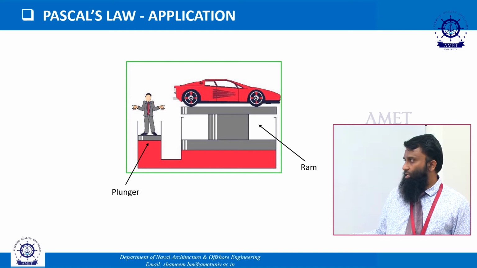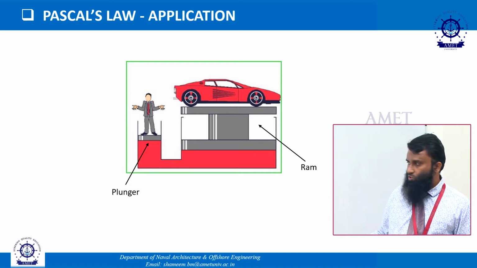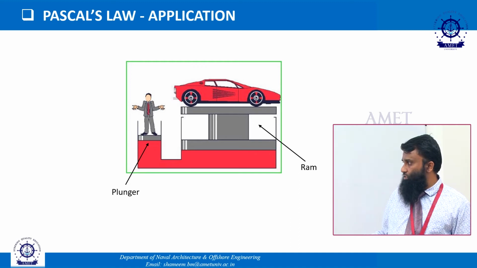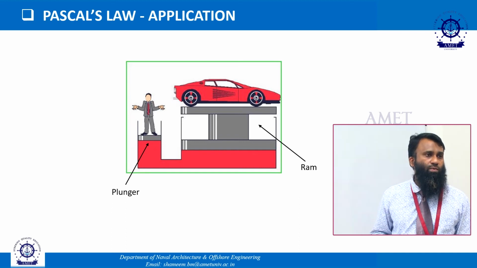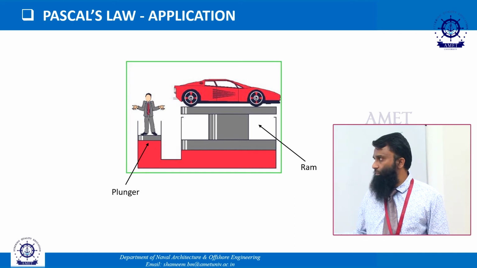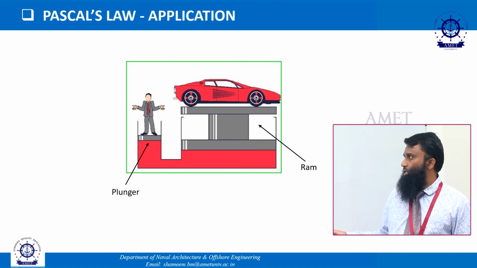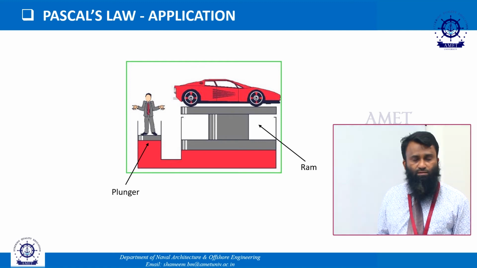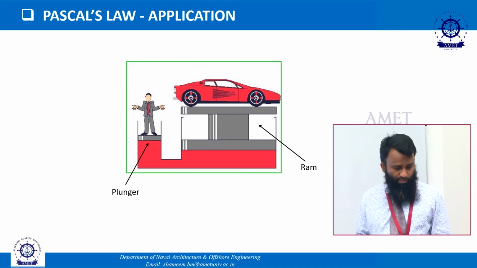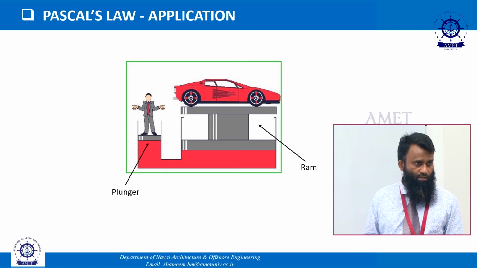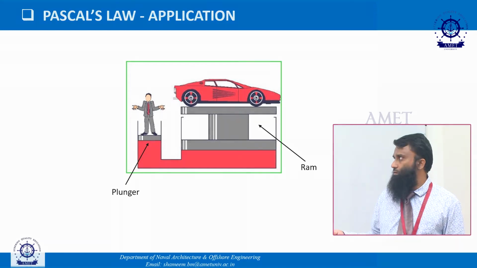If you apply any force, it will transmit equally. So if the area is more, my force is more, that is force is equal to pressure into area. So if I apply a small force on my plunger, I am able to lift a big weight which is placed on the ram. This is a practical application of Pascal's law. You may find many practical examples which apply this law.